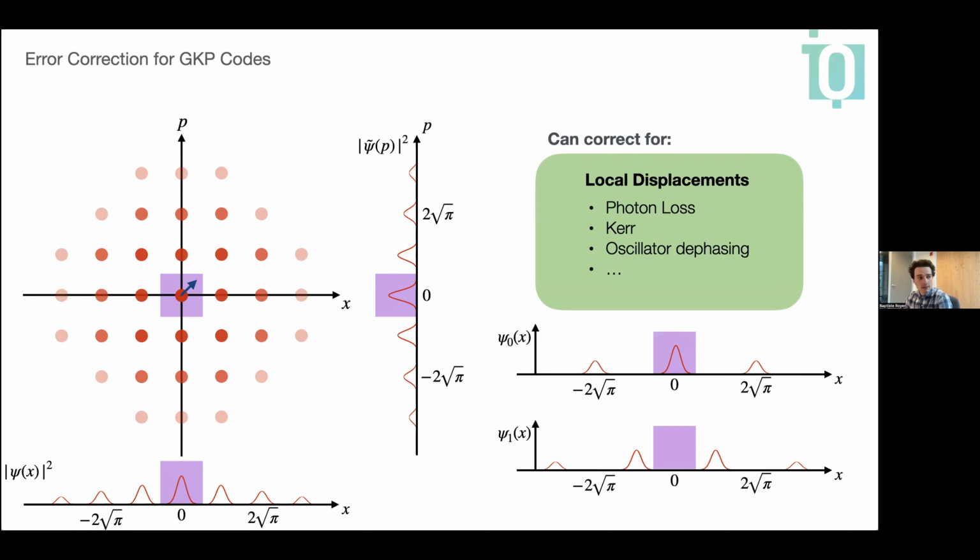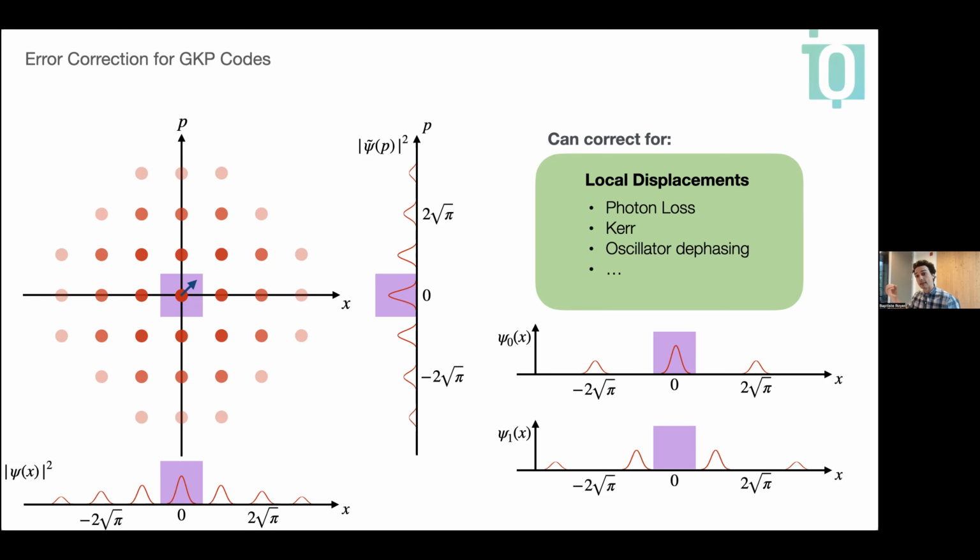For any small channel, for any operation applied on your oscillator for a small amount of time, you can expand it as a superposition or mixture of forces applied on your oscillator. Forces cause displacements, and so any channel can be expanded as a superposition or mixture of displacements applied on your oscillator. If your channel is applied for a small enough amount of time, these are small displacements.